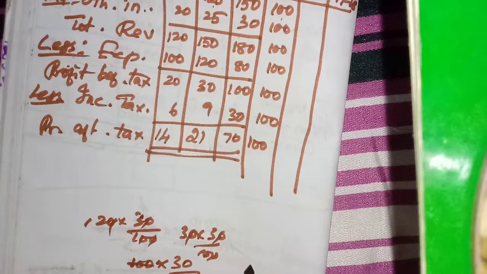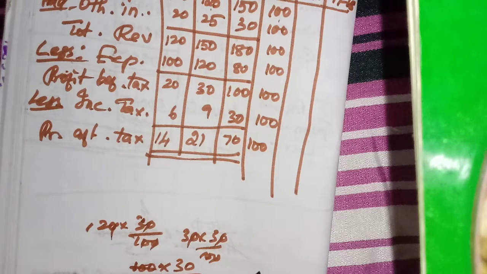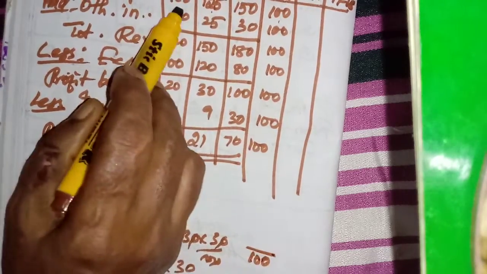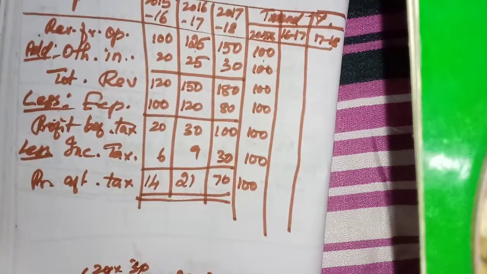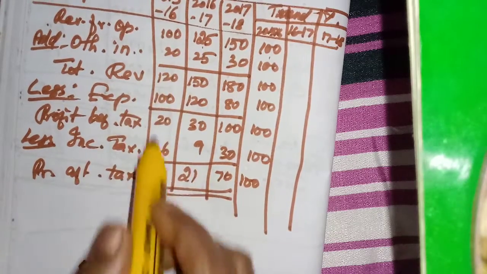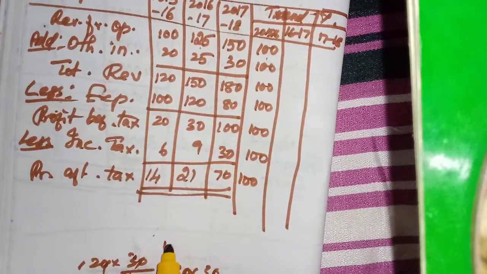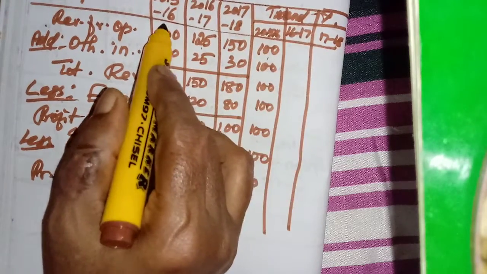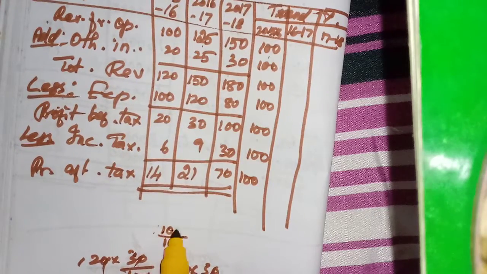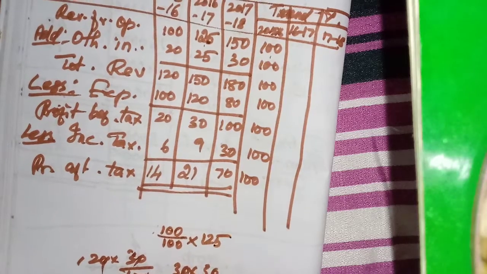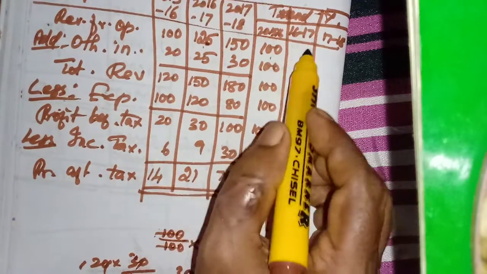See this one, for 100 revenue from operation. Here see this 100 is this 100, isn't it? For this 100, 15, 16, how much? 100. So for 125, this will come 125 only.